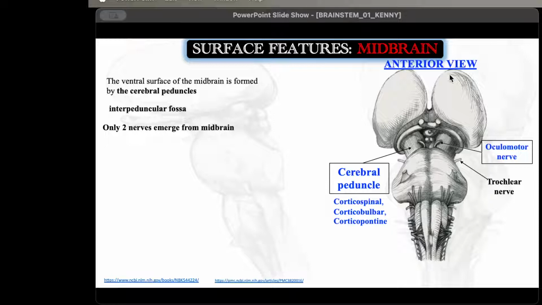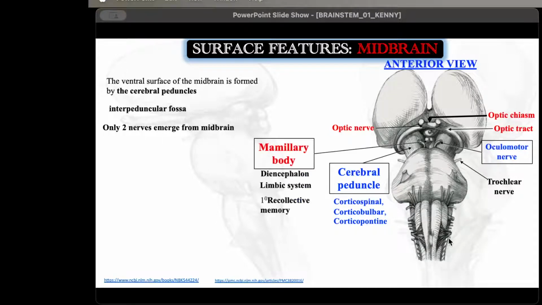Then we have some other structures that we can see here on the ventral aspect of the midbrain. We have the optic nerve, optic chiasm, and optic tracts. Do not worry about this at this moment because we have a separate video where we discuss the visual pathway, so don't use much energy to memorize this. We also have the mammillary bodies around here, which are part of the diencephalon.